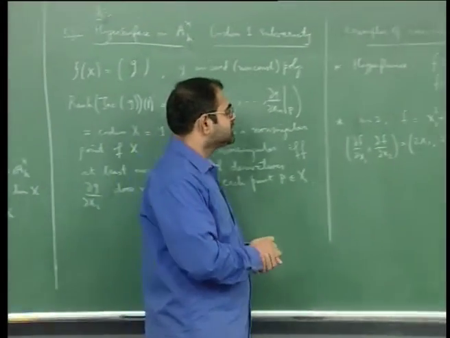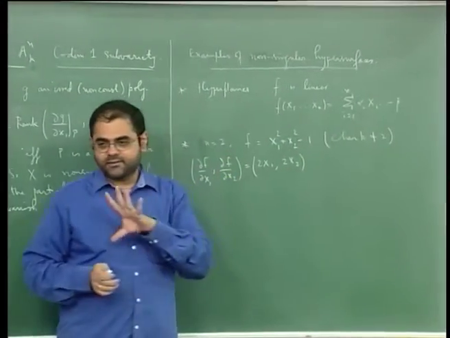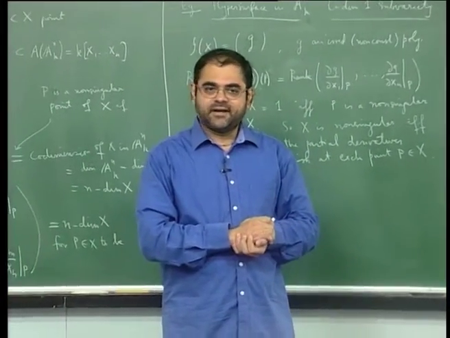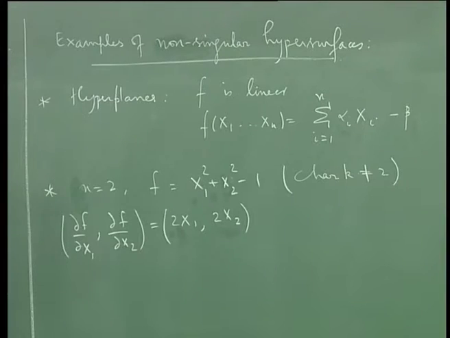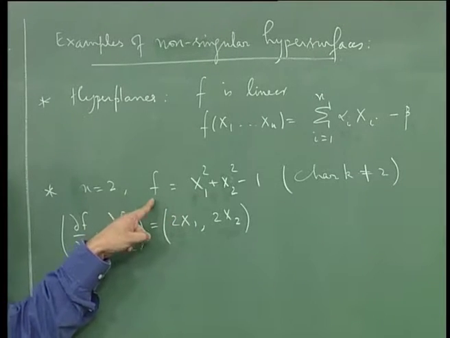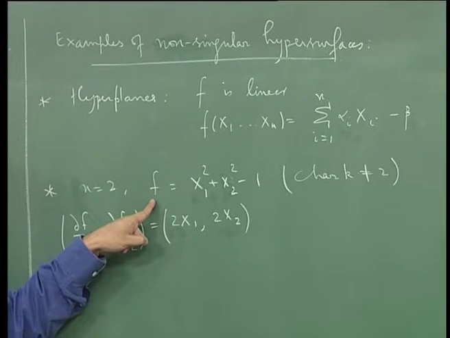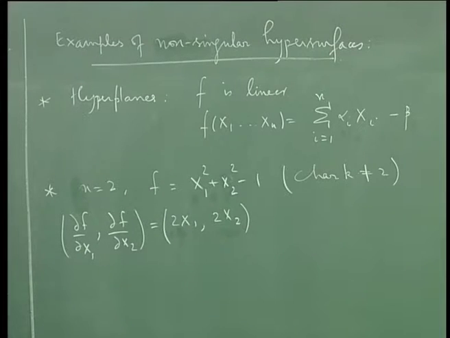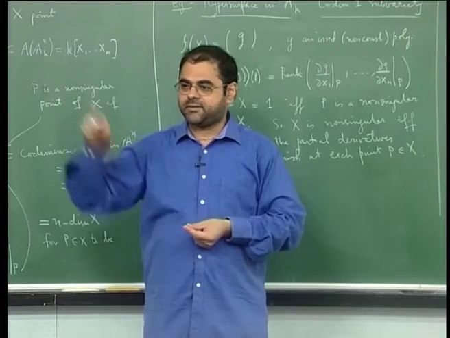So if you take characteristic not equal to 2, your circle is smooth, and in fact if characteristic is 2, something more serious is happening. F is first of all not irreducible. If you are in characteristic 2, this is the same as (x1 + x2 + 1) the whole square, because in characteristic p, (a + b) to the power p is a^p + b^p.